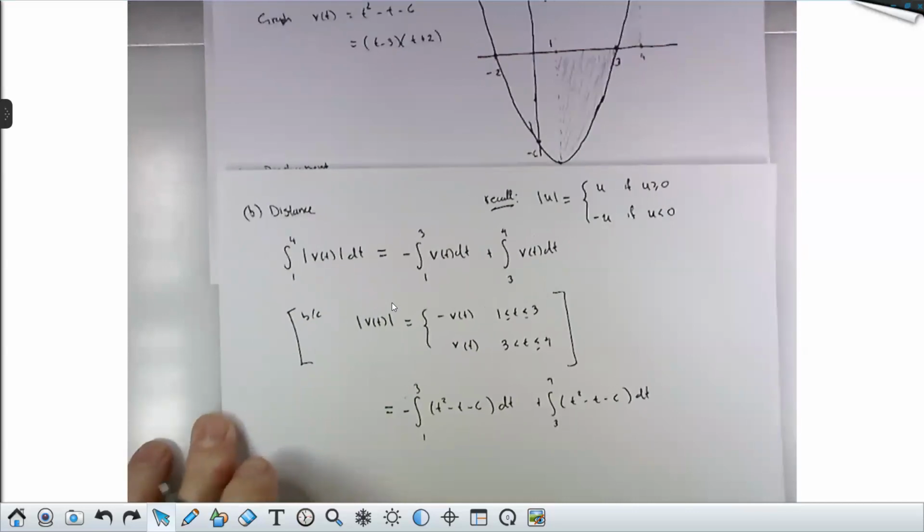Understand why we're doing the integrals we're doing and why it's split up the way it's split up? So here's the graph of v of t.